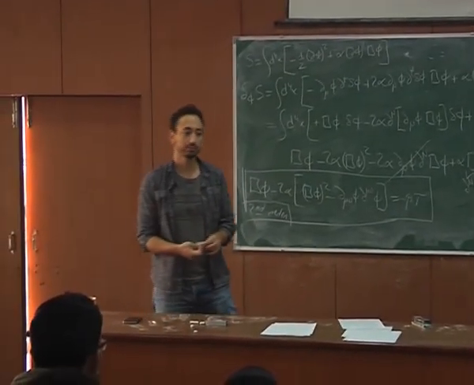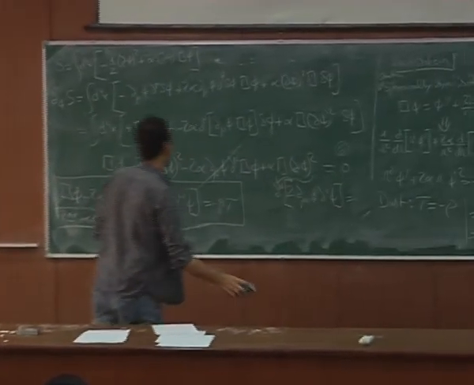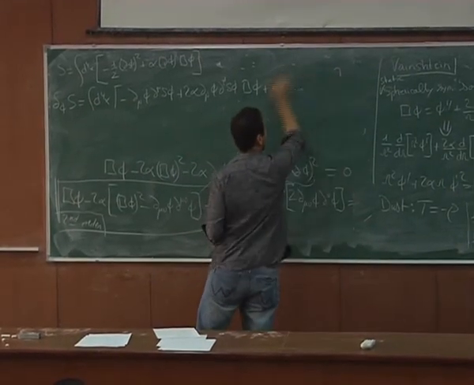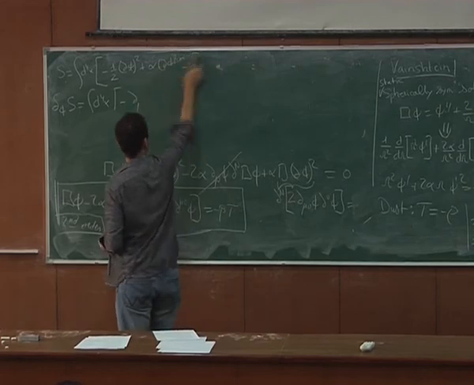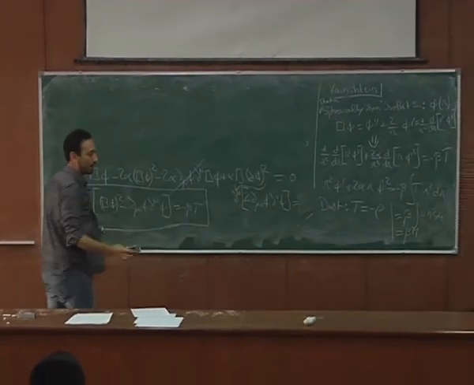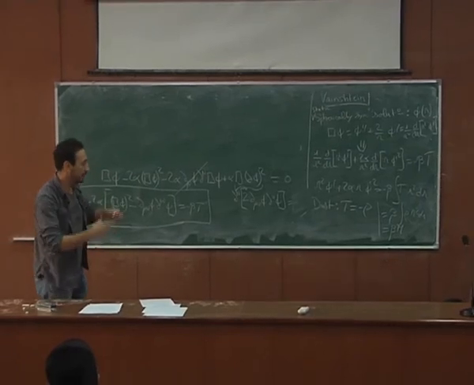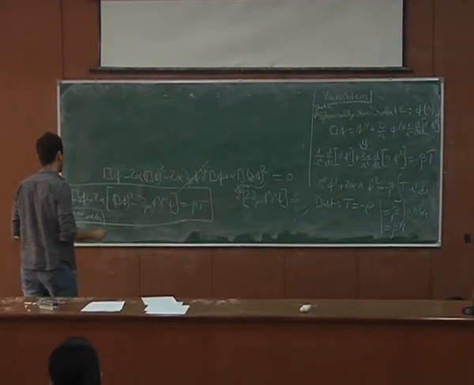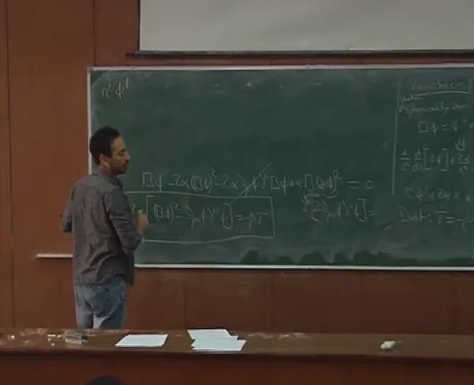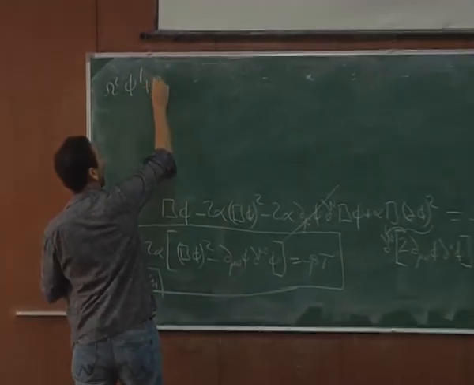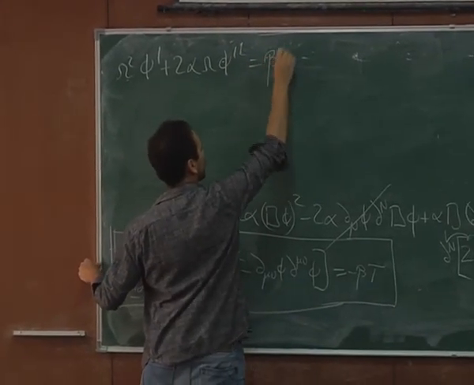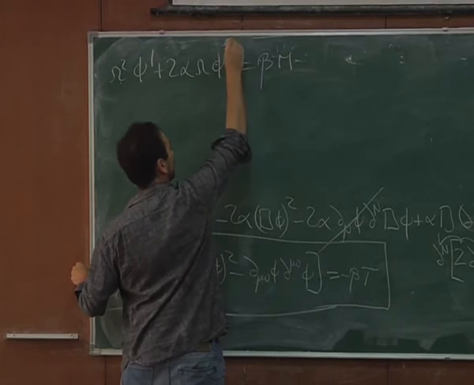Questions so far? So this is just the mass of your object that you are studying now. So I'm not talking about a black hole, but any massive object that you might study. So you have that r squared phi prime plus 2 alpha r phi prime squared is equal to beta m.